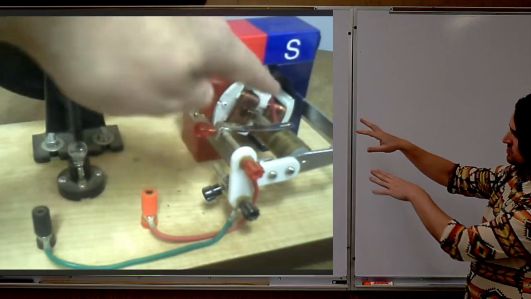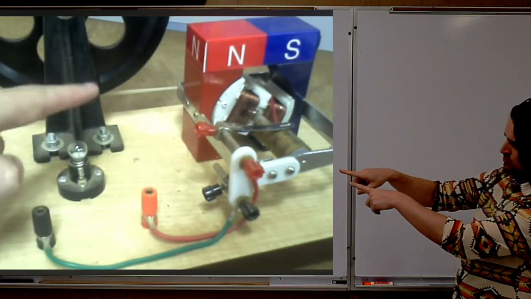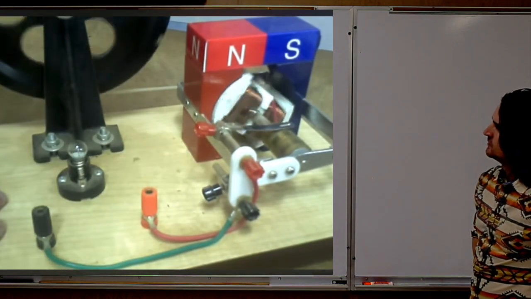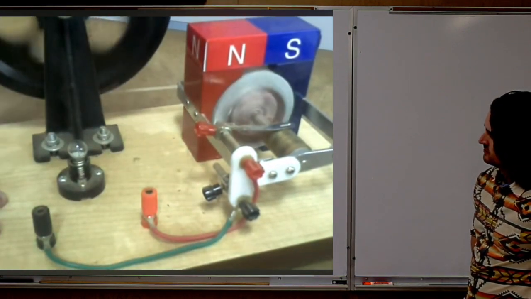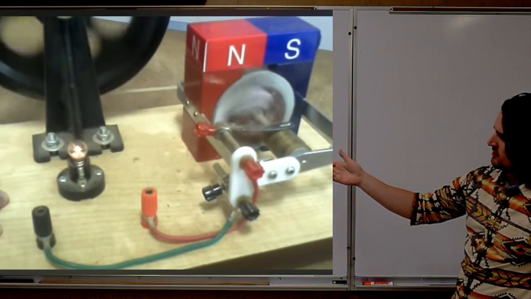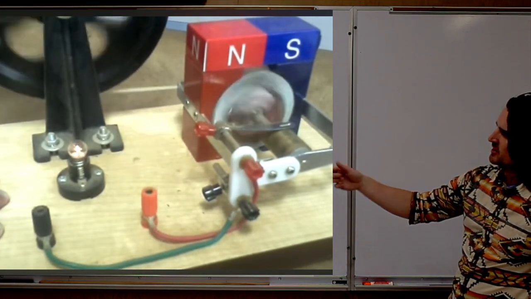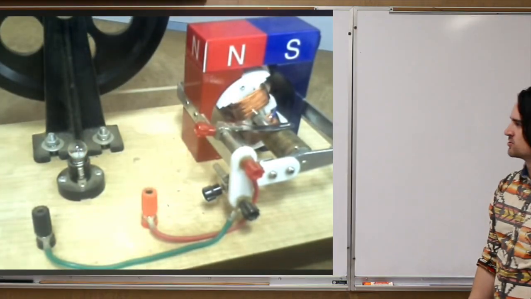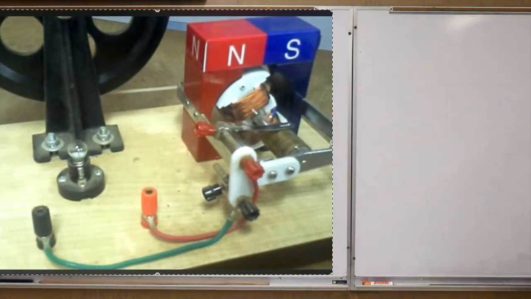But the idea is those wires are connected to this light bulb. You start turning them, you generate current that heats up the filament in the light bulb, and the light bulb then gives off light. There you go, you just generate electrical power by turning a crank.